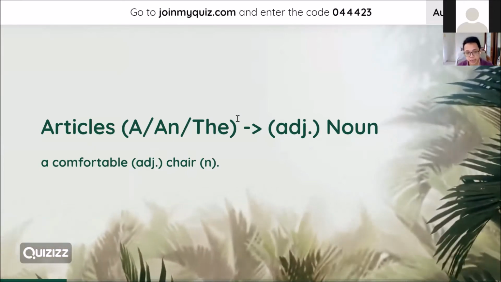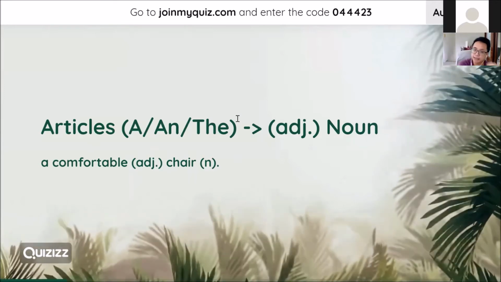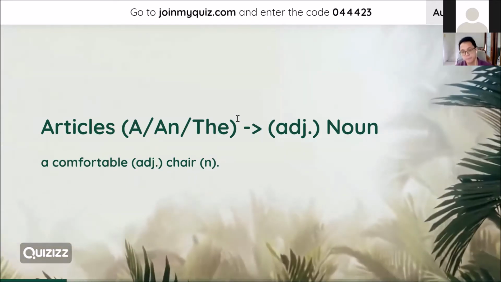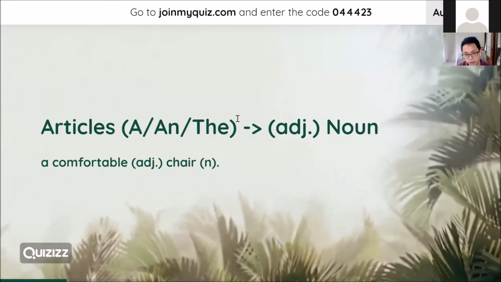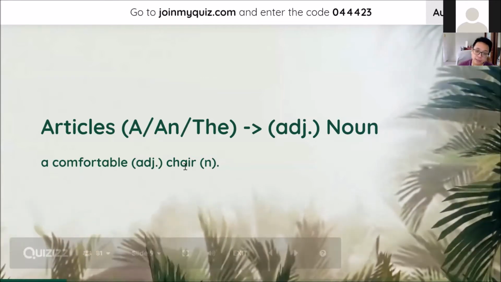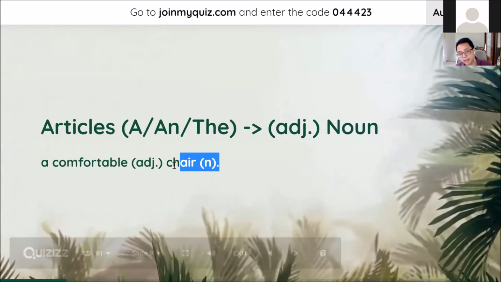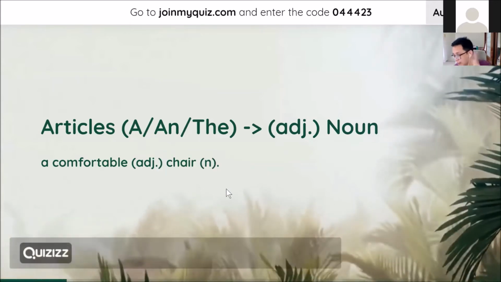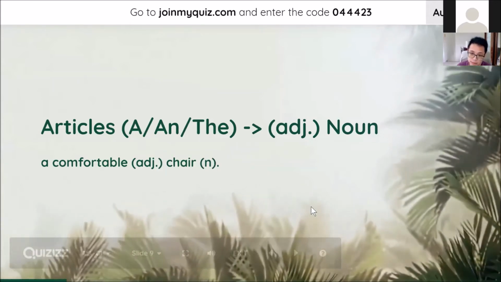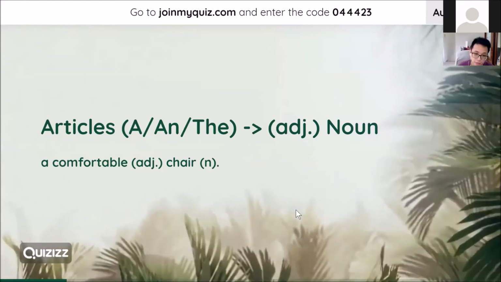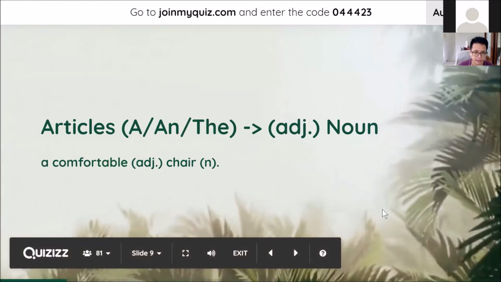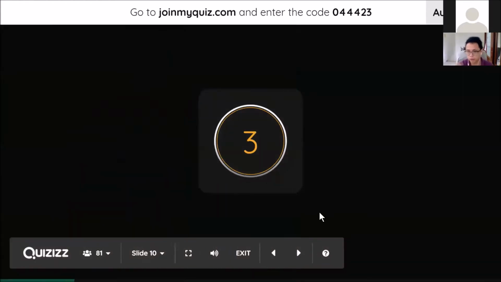A chair 你已经有名词了，所以你要找它的形容词: a comfortable chair. 如果答案是在 a 的后面，你就知道它的答案是个 noun. I think most people get this. Is that okay? I'll go to the next one.